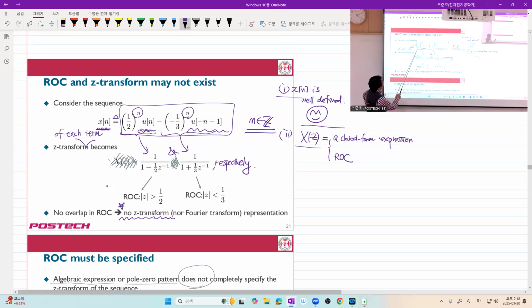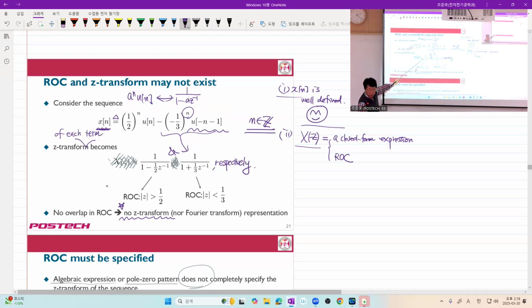So we have the first term and second term, and we are very tempted to apply Z transform to each term. And we know from this one, just substituting A equals 1/2, we have the Z transform of the first term like this.